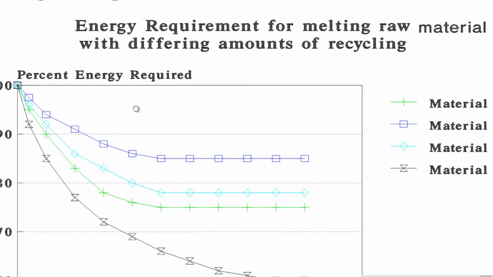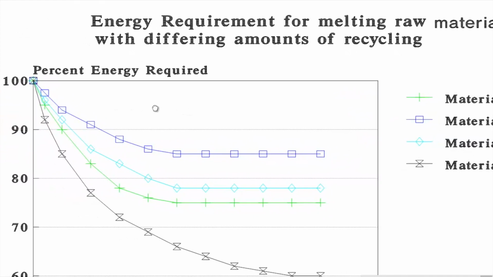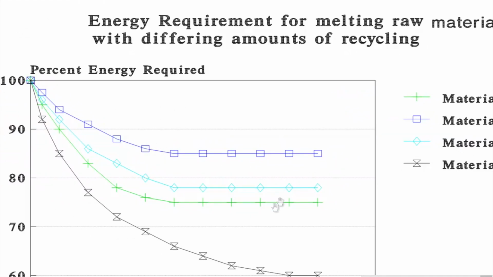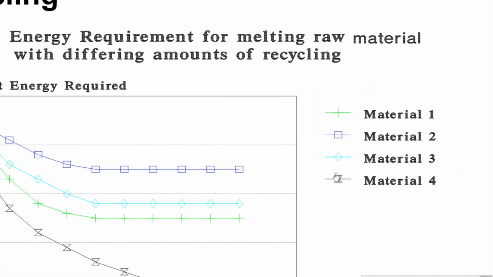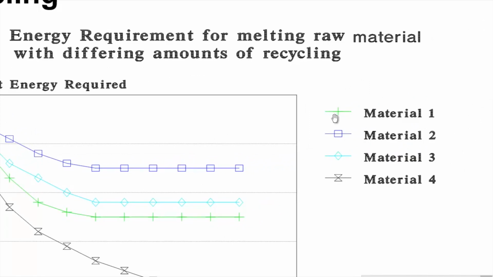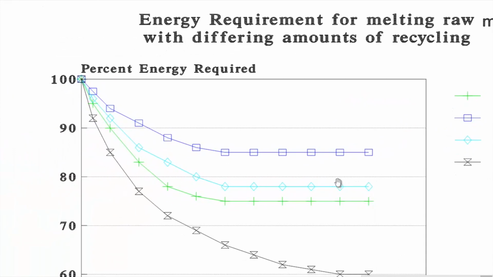So, the first one, material 1, is shown in green color. It goes from 100 to 80, somewhere around 75 to 76 is the value.